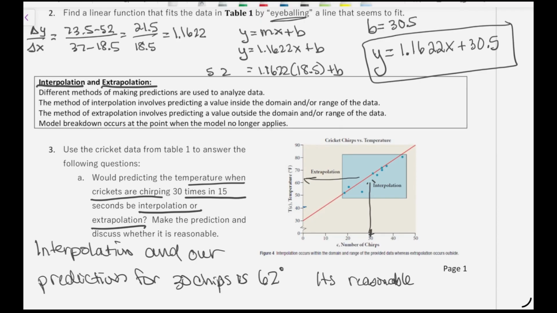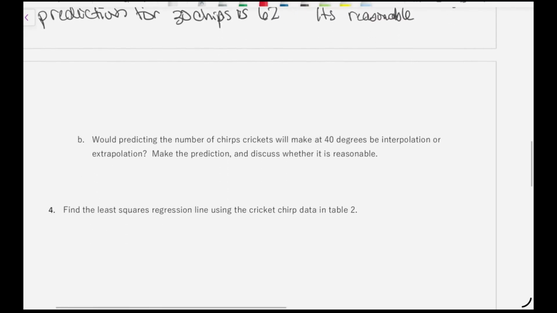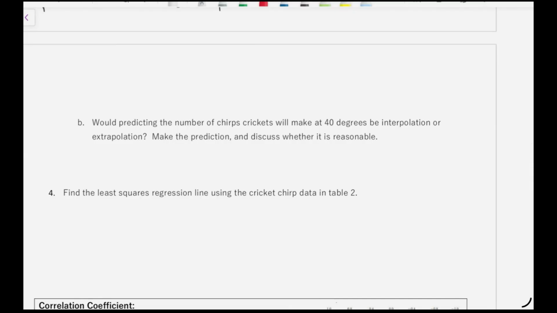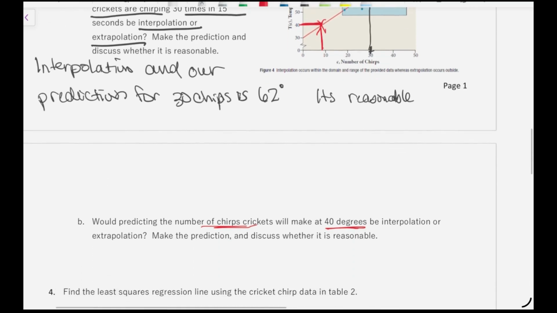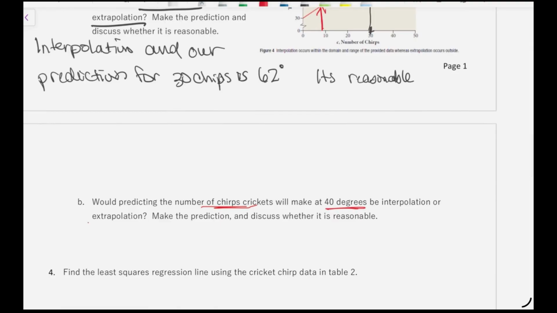If I'm trying to answer a question out here, like I said, that would be extrapolation, which is what the next question is asking. What if we wanted to make a prediction about the number of chirps for 40 degrees? Here's 40 degrees. Could I say that's probably going to be 8 chirps? You can say it, but it isn't necessarily true. So this is extrapolation. I'll just circle it and make a prediction.